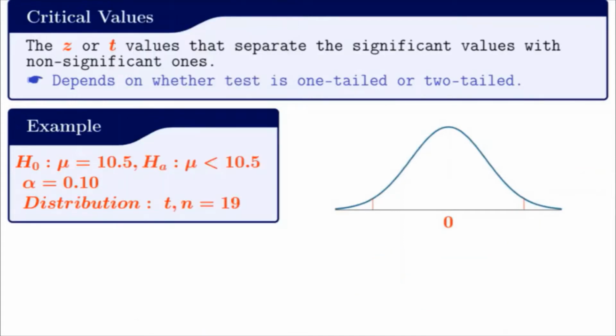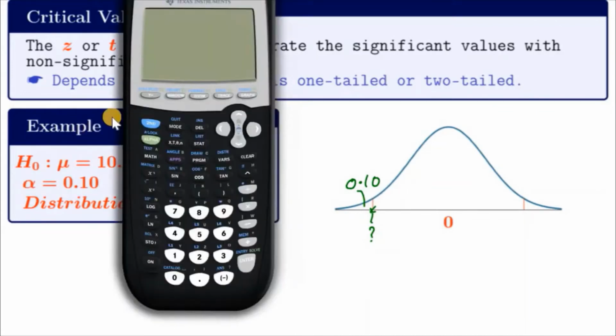Now, let's look at this example here. So this is a lower tail test, and we are using the T distribution. So we have area of 0.10 at the lower tail, and we are supposed to find this point here. To find this point, we can use the TI calculator. So for that, let me pull up my calculator on the screen.